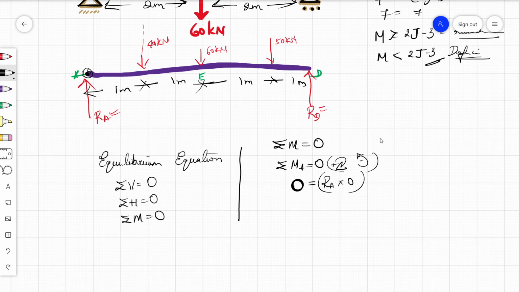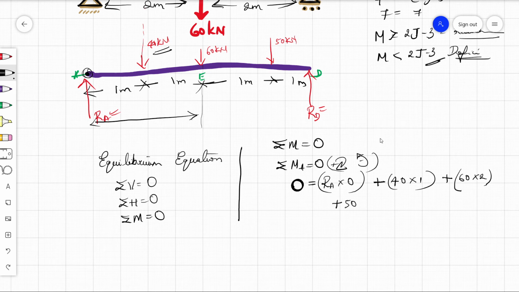So the first load, that is 40 kilonewton, is going in the clockwise direction, so 40 into perpendicular distance, which is 1, plus the same with 60, and the perpendicular distance for this load is 2 meter. The perpendicular distance is the distance from the force to the point where the moment is calculated. The third force is 50 kilonewton.